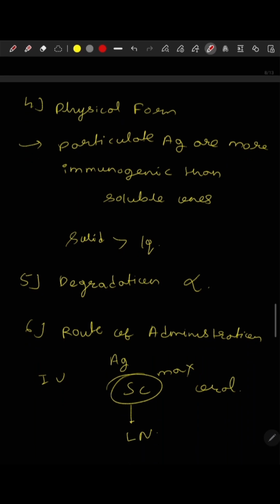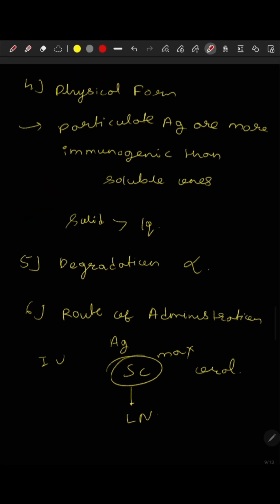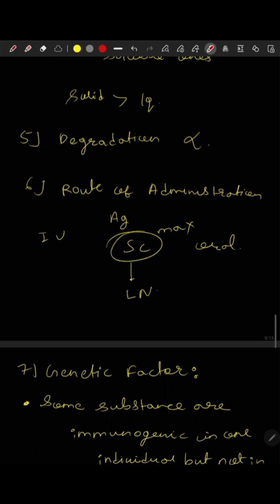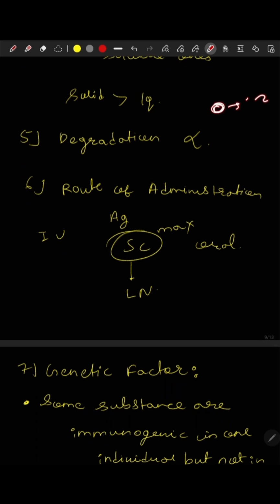Then physical properties, as we take a solid and liquid, solid will have more antigenicity as compared to liquid. Then degradation, more the substance will degrade, more will be the antigenicity, as its epitope, paratope will be more visible as it gets degenerated.